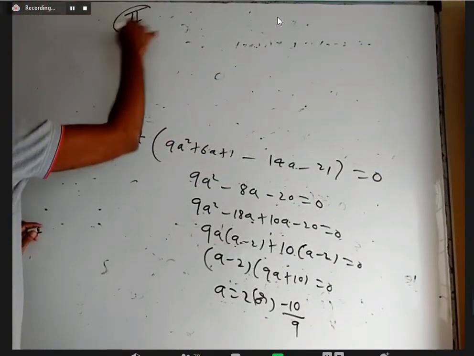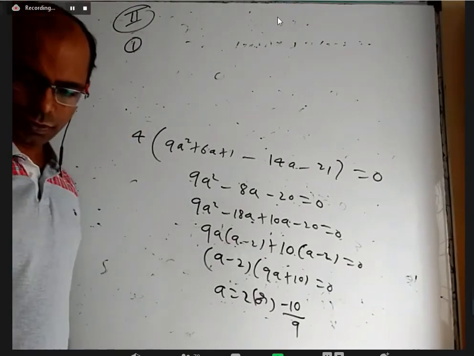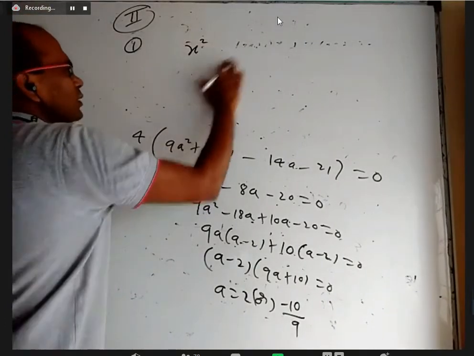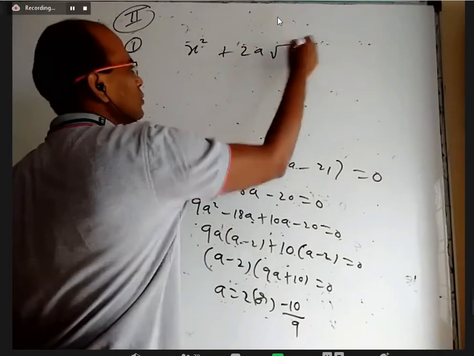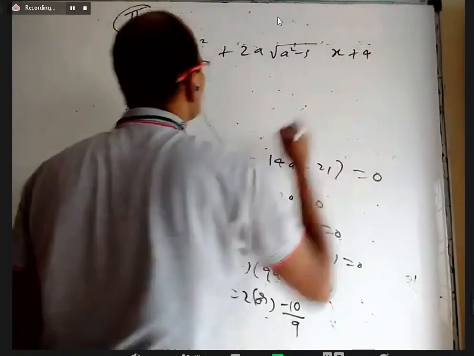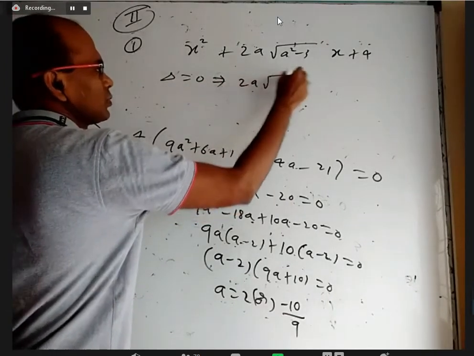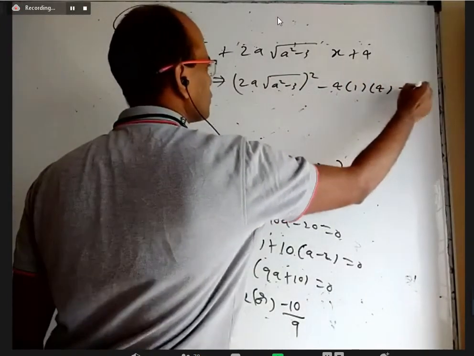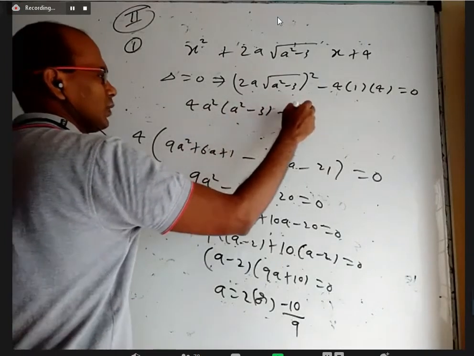Okay, section 2, first question. Find the values of a. For what values of a does this equation possess equal roots? Okay, what is the equation? x square plus 2 into a into root of (a square minus 3) into x plus 4. So delta should be 0. 2a root (a square minus 3) whole square minus 4 into 1 into 4 equals 4a power 4 minus 12a square minus 16.